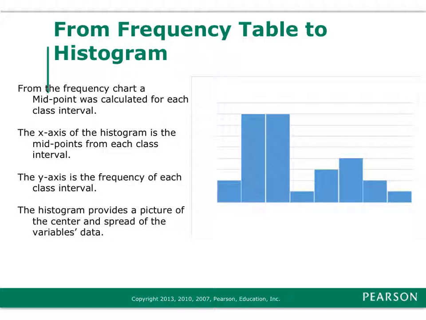Once we have the frequency table, we now can produce the histogram. So in this particular case, we have a scale, and usually the scale can either be on an interval size. This is X, and this is going to be BMI.